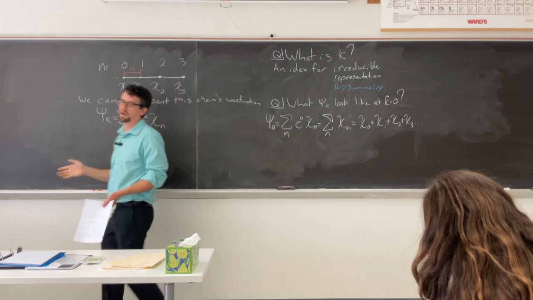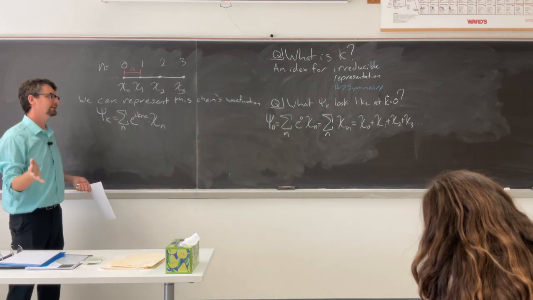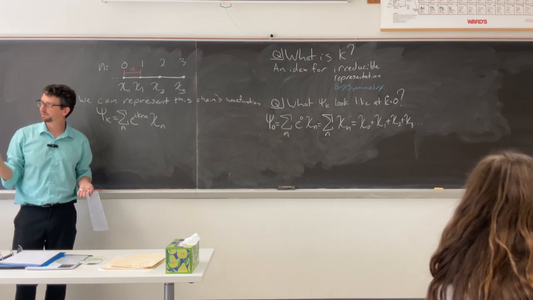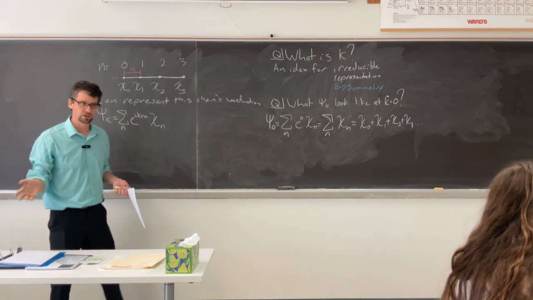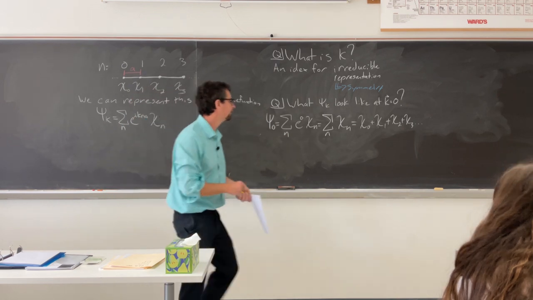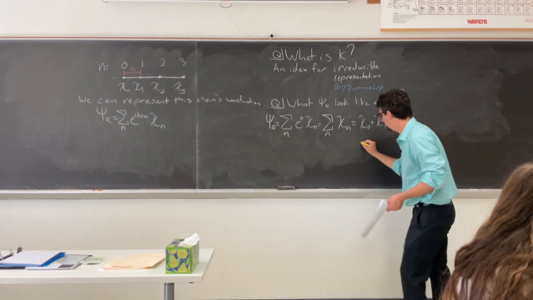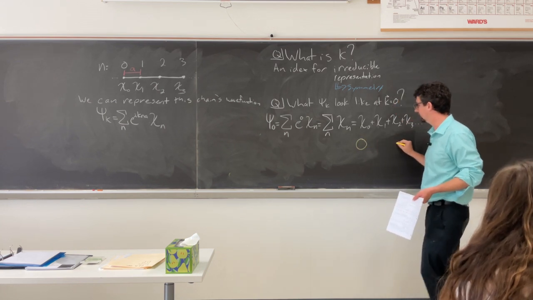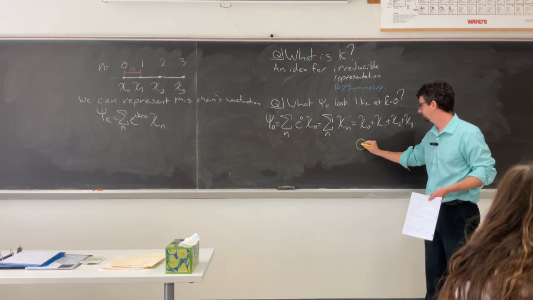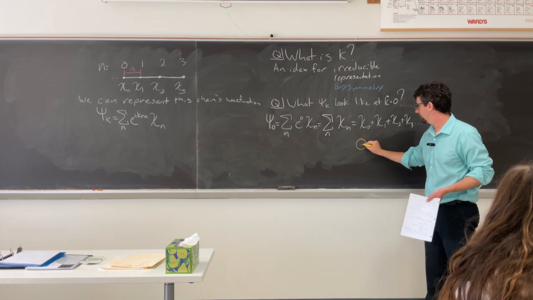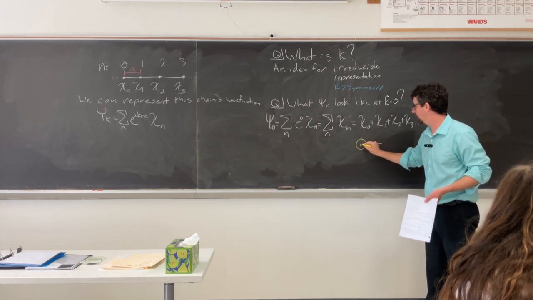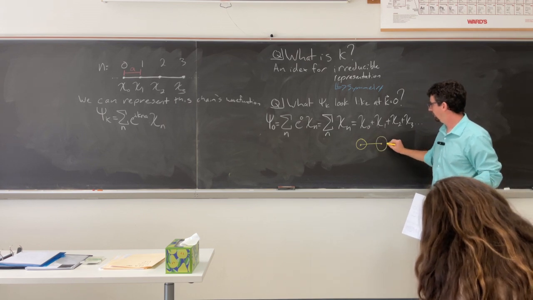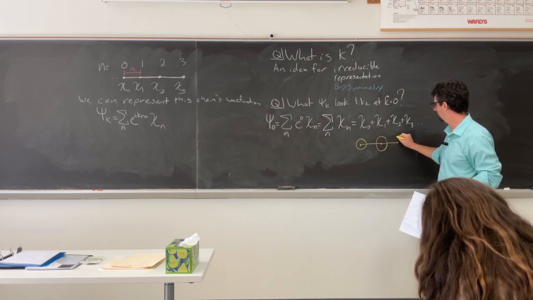Now think back to linear combination of atomic orbitals, or whenever we were considering wave functions, and we would have sign changes between the wave functions. So I'm going to draw my 1D hydrogen chain s orbitals. There's an s orbital. I'm going to draw the atom center. That guy.